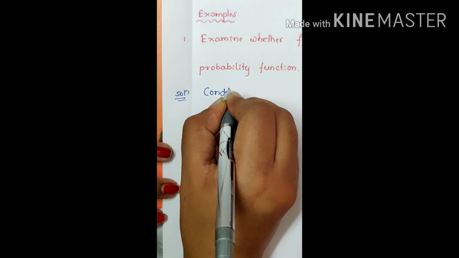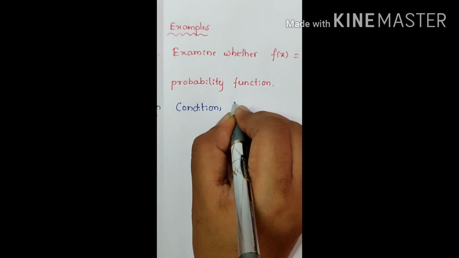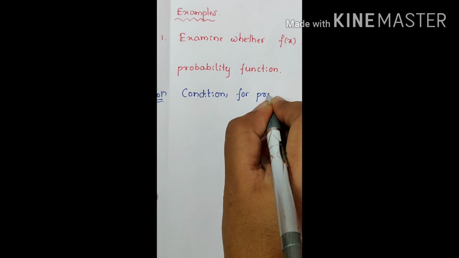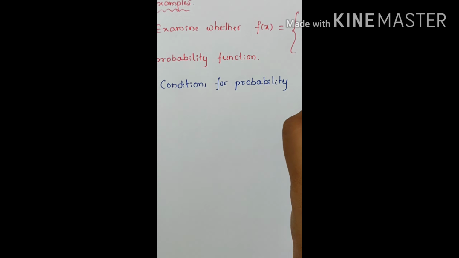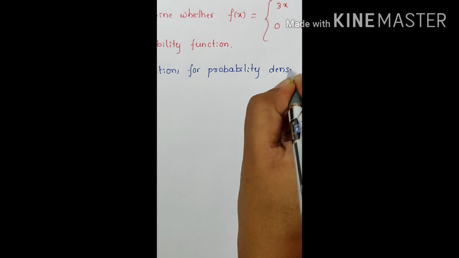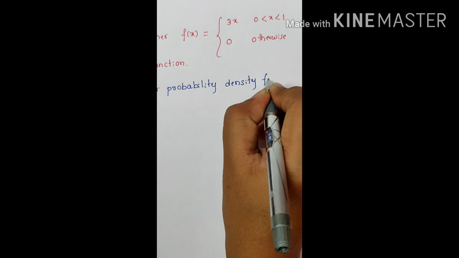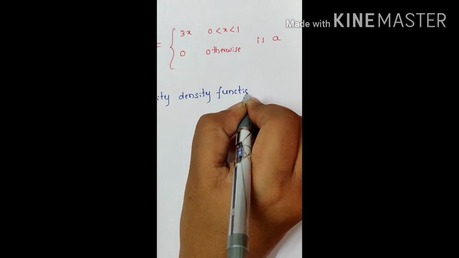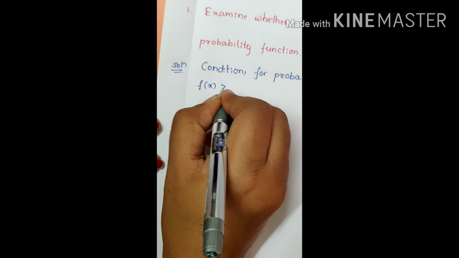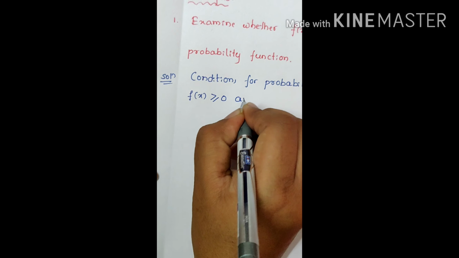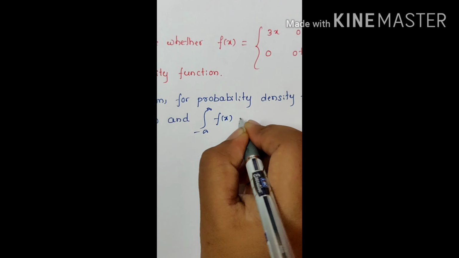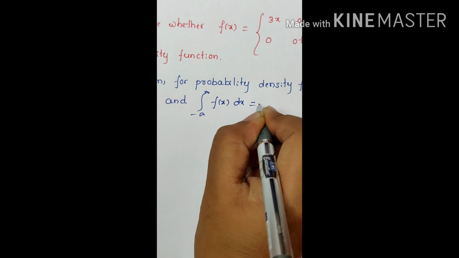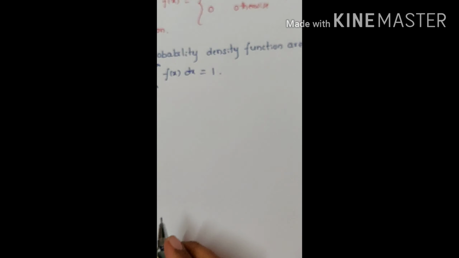So the conditions for a probability density function are f of x greater than or equal to 0, and the integration from minus infinity to plus infinity of f of x dx must be equal to 1.